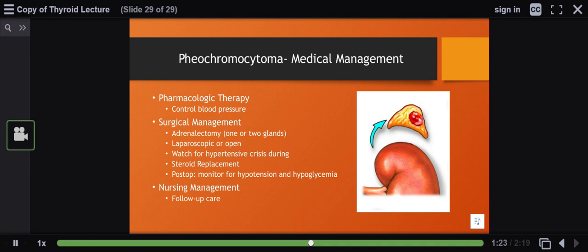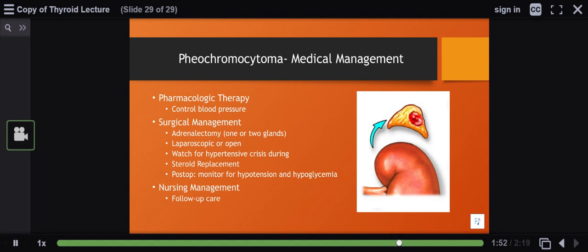Since the adrenal cortex is also removed with an adrenalectomy, the client may require steroid replacement. It may only be for a few days if they have just one of their adrenal glands removed. However, if they have a bilateral adrenalectomy, they may require steroid replacement for the rest of their lives.